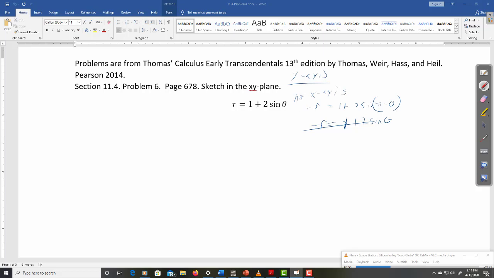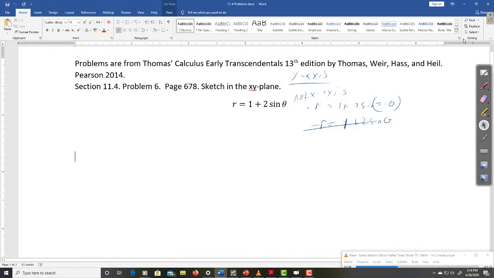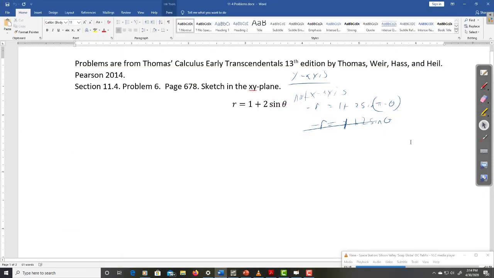How about the origin? (r, theta), (negative r, theta), and (r, theta plus pi). Now we know that negative r isn't. What was the other one? (r, theta plus pi).